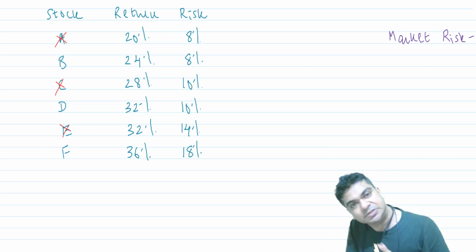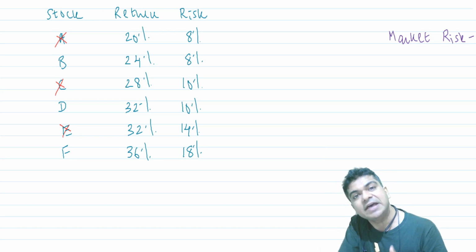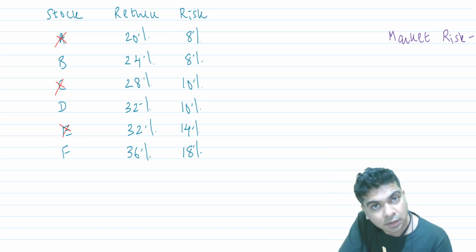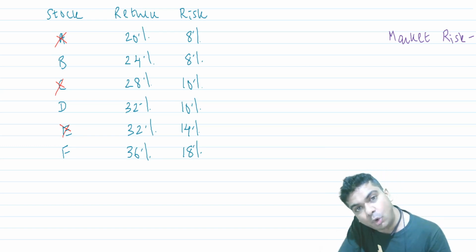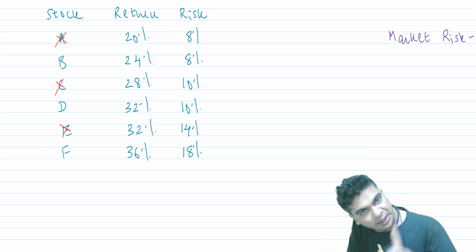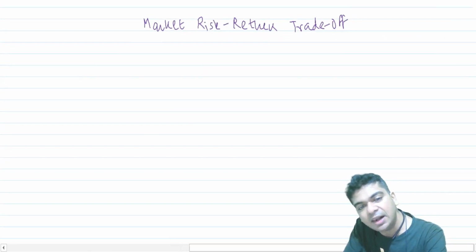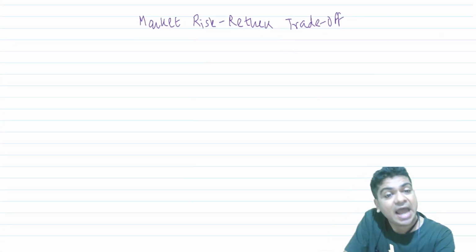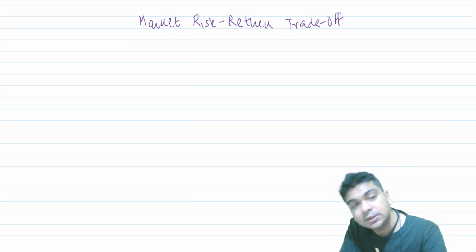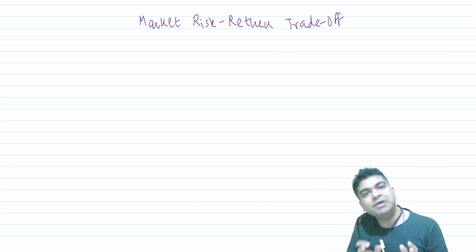Please understand this very well. Portfolio management assumes that an investor is rational. An investor is ready to undertake a well calculated risk. So that is what I want to do now. I want to take a well calculated risk, and that I will do by going for the market risk return trade-off.